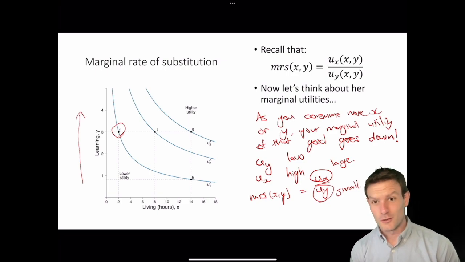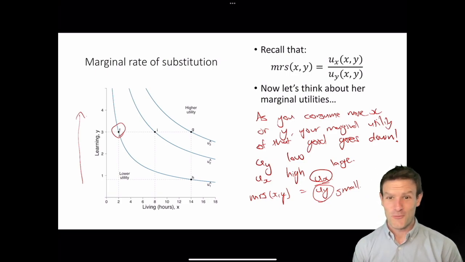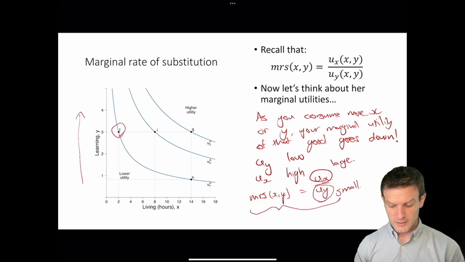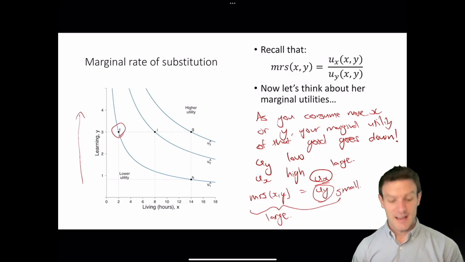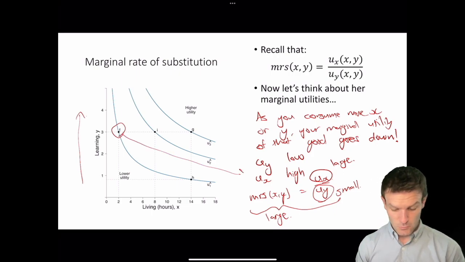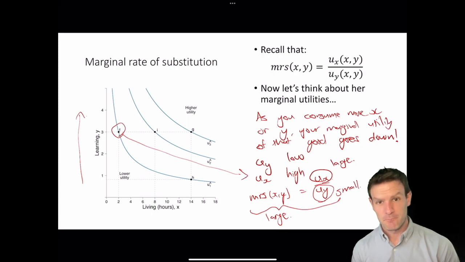So a large number over a small number, what do we have there when the small number is in the denominator? This means that this fraction is therefore going to be a large number, okay? So the MRS as a whole is going to be large. Now, that's what we had at point F, okay? The marginal utility of x was high because she didn't have much x. The marginal utility of y was low because she has quite a lot of y already.